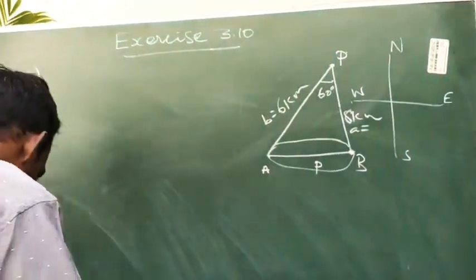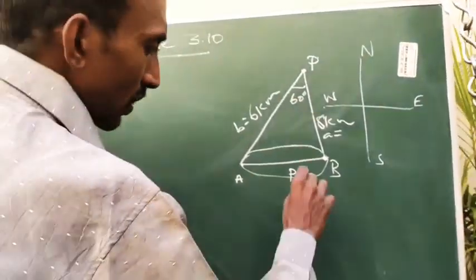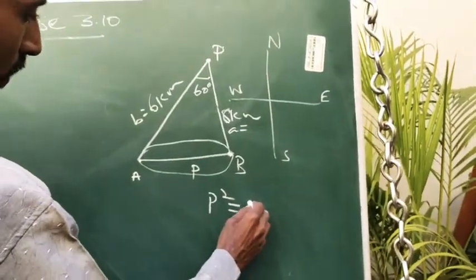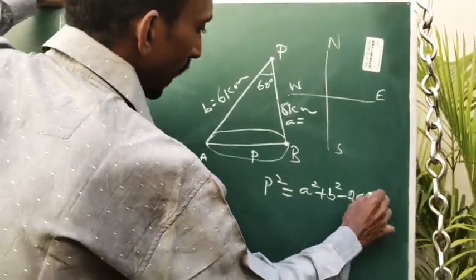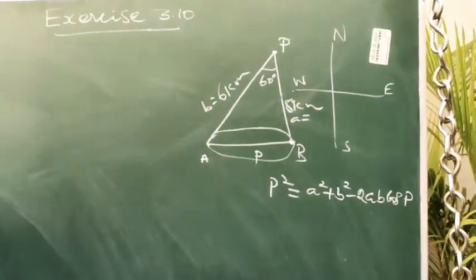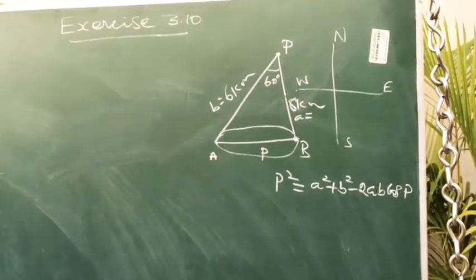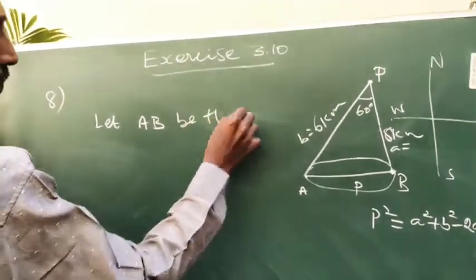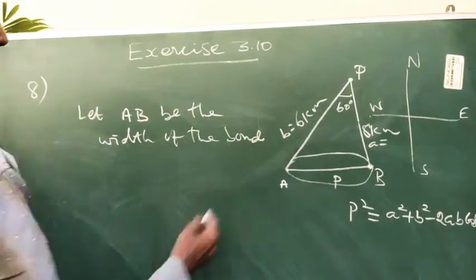Listen, my dear student, we have to apply the cosine formula. So what is the cosine formula? Just rearrange it: p square equal to a square plus b square minus 2ab cos P. We are going to apply this formula, so the diagram is important. Let AB be the width of the pond.